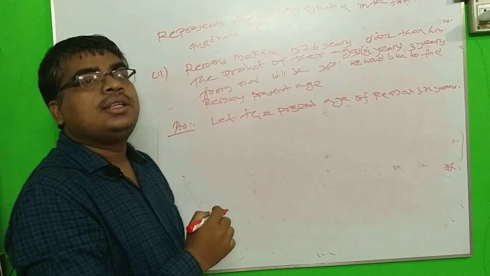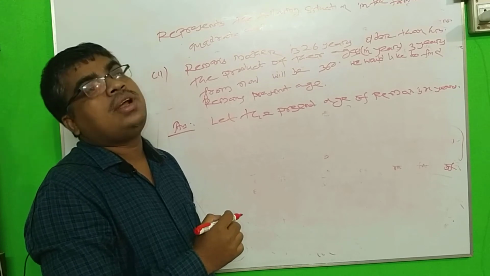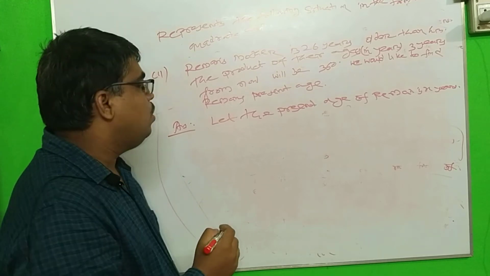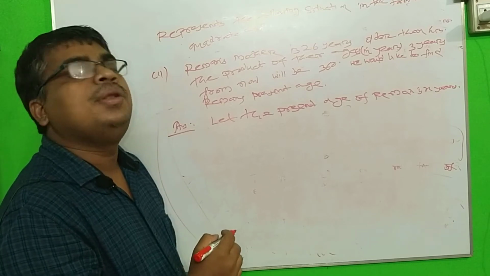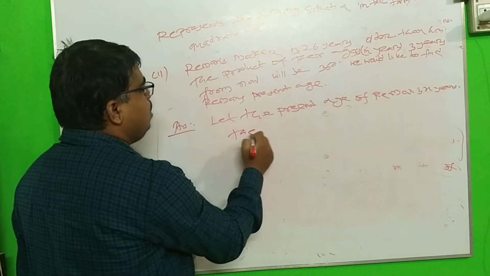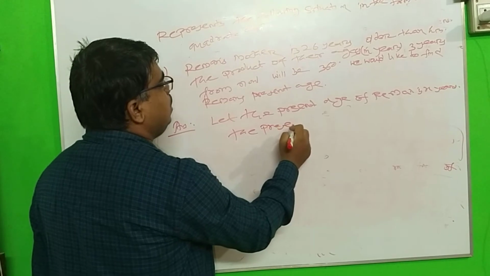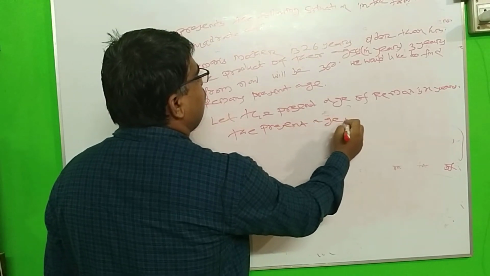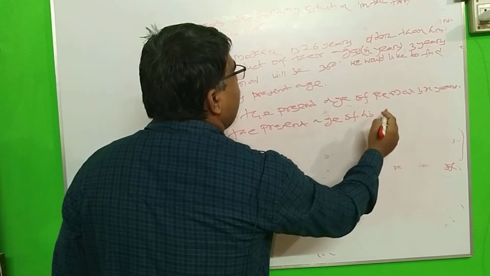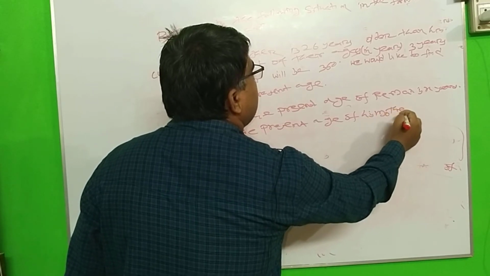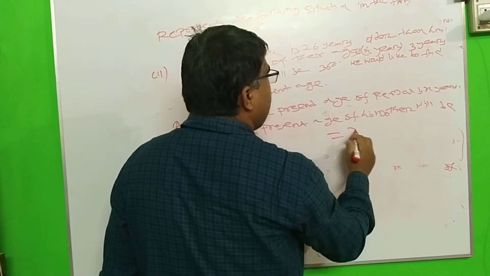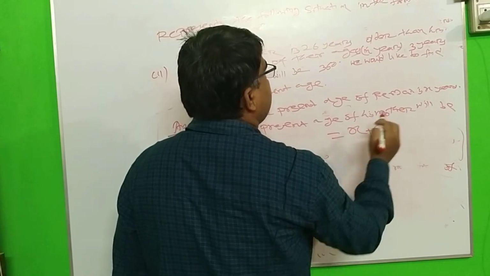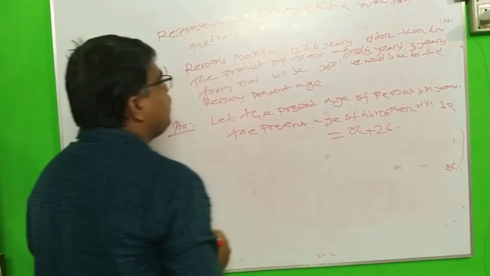Since his mother is 26 years older than him, the present age of his mother will be x plus 26. Okay.